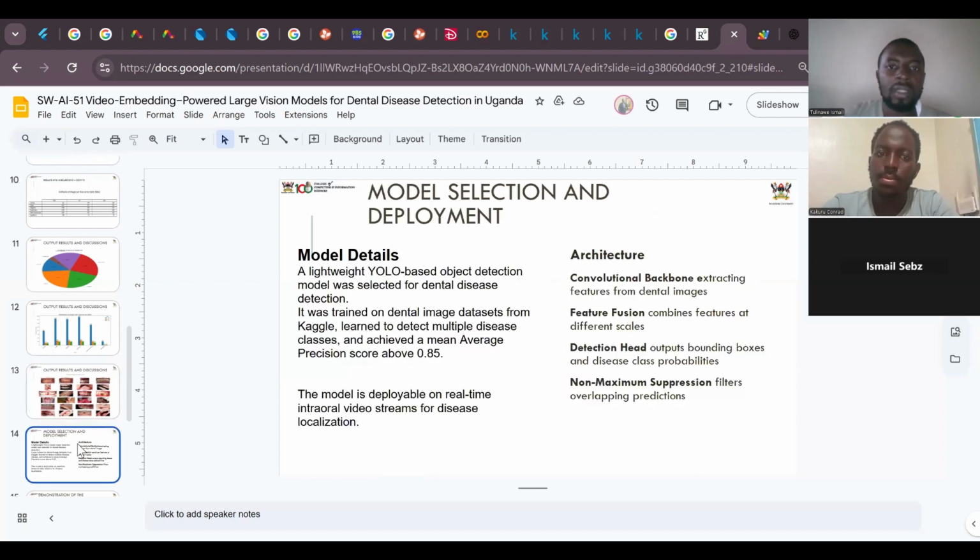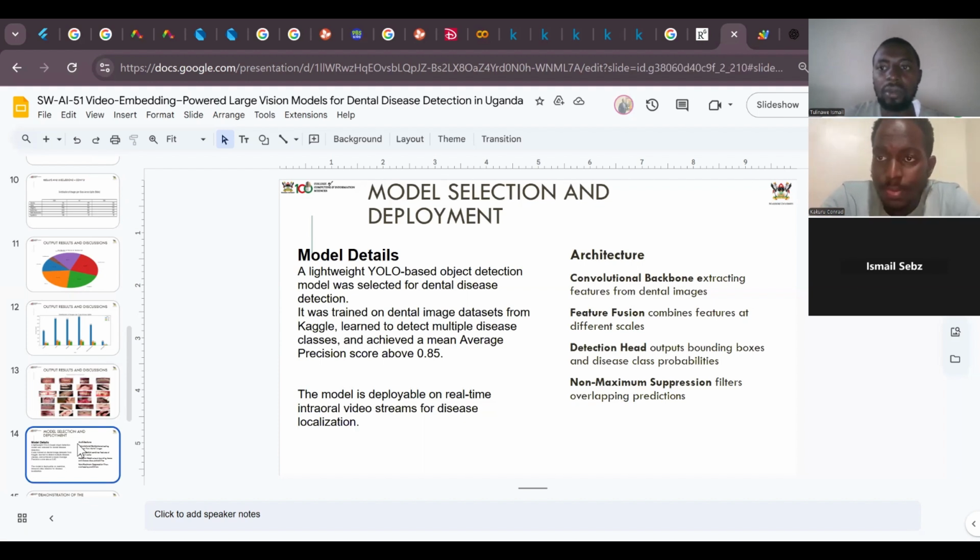So let's talk about the model details. As my colleague already said, we are going to use a lightweight YOLO model. YOLO is a model that looks at the image only once, unlike other models that look at the image consecutively, more times.